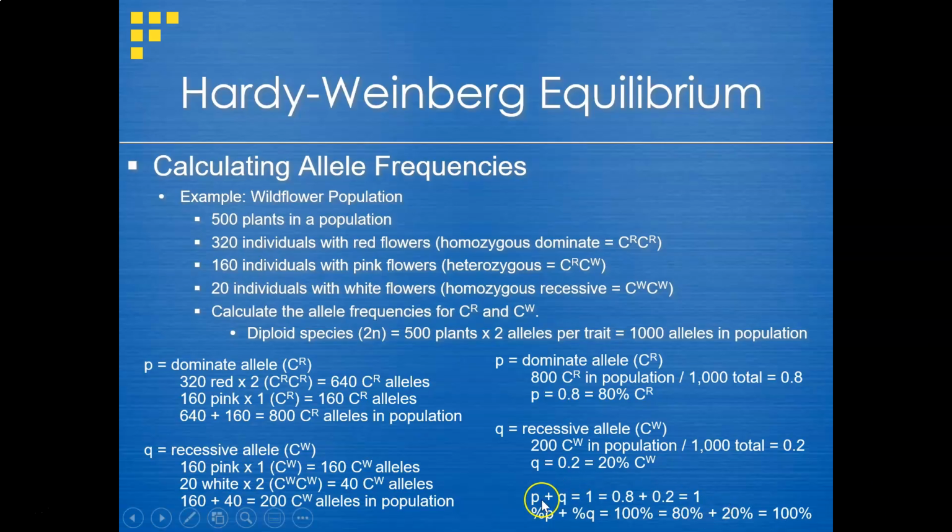Regardless, if I go back to Hardy-Weinberg, P plus Q always has to equal 1, or the percentage of P plus the percentage of Q has to equal 100%. So 0.8 plus 0.2 equals the 1, or 80% plus 20% gives you the 100%. You can't have more than 100% in the population. You shouldn't have less, otherwise you've missed individuals.